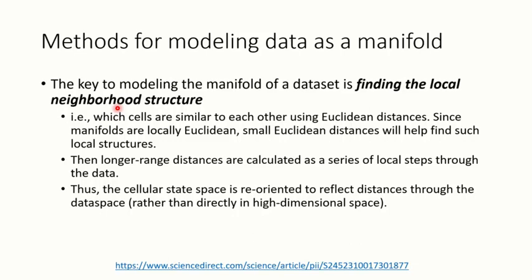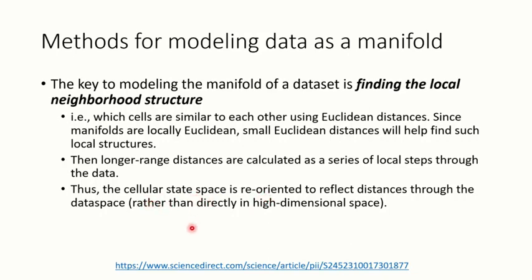Again, just to repeat myself, the modeling is to find the local neighbor structure first. Try to use these procedures slowly to learn to expand the relationship between long distance data points, from local to global.